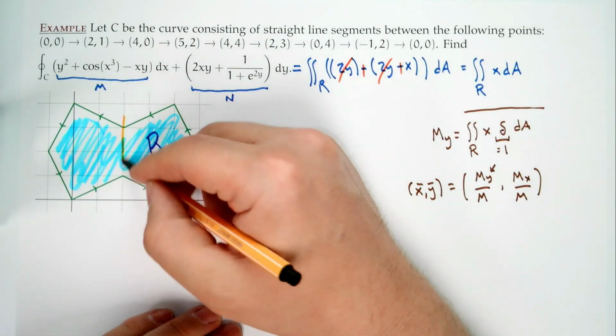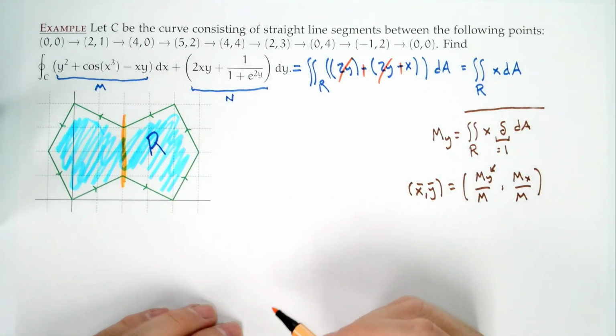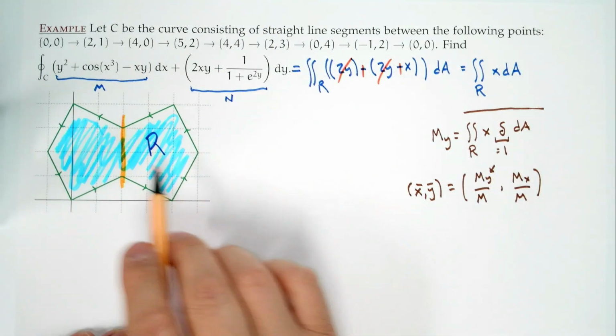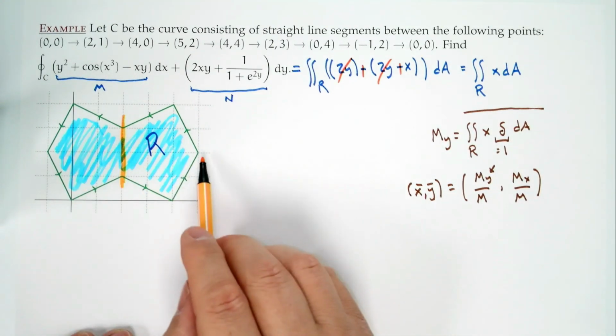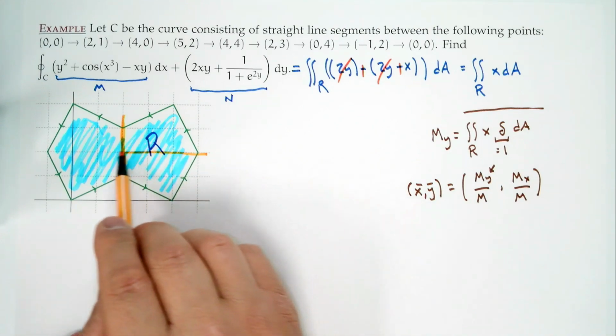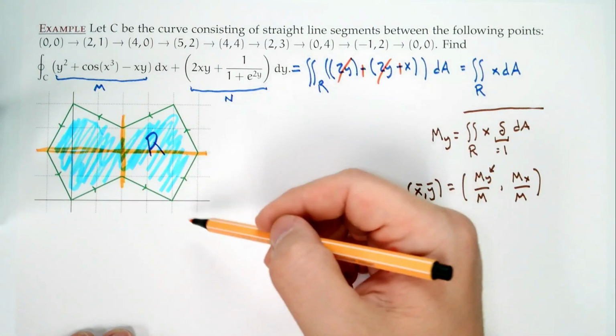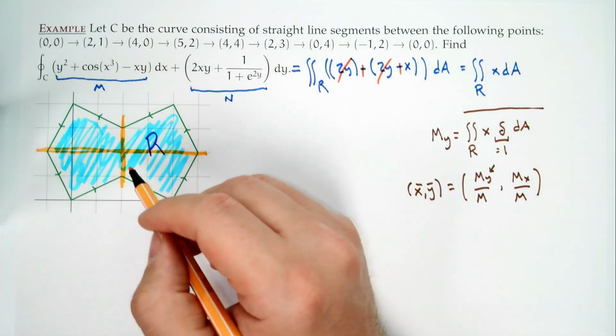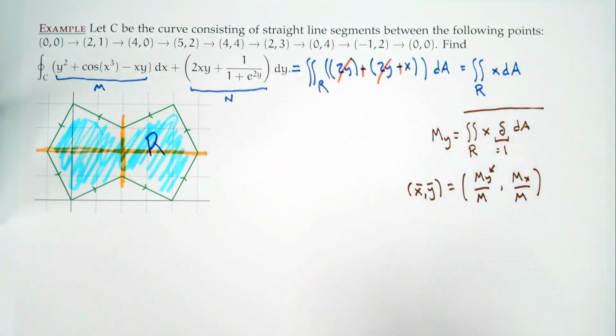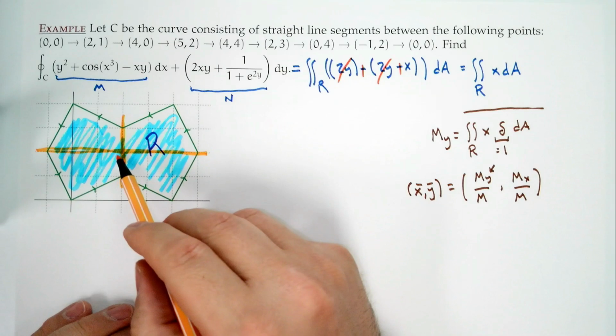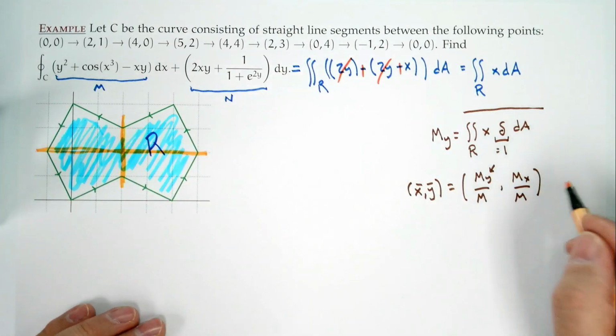For instance, on this line, we see that the shape is symmetric across that line. But we also see on that line, the shape is symmetric across that line, which means that if we're thinking of this as a region with constant density, then the center of mass is at the point (2, 2).